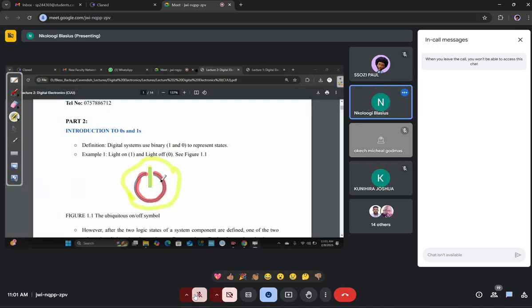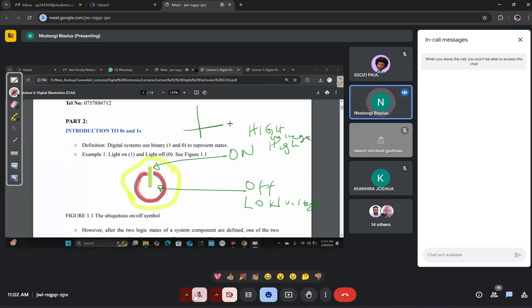So if it is off, then what is in play is the zero. If it is off, that means that you have set the voltage to go low, right? And if that circuit or device is on when you have pressed that button, that means that you have set the voltage to go high.